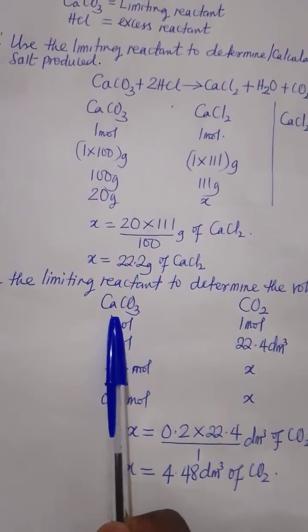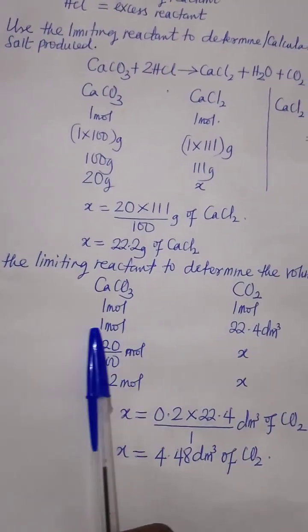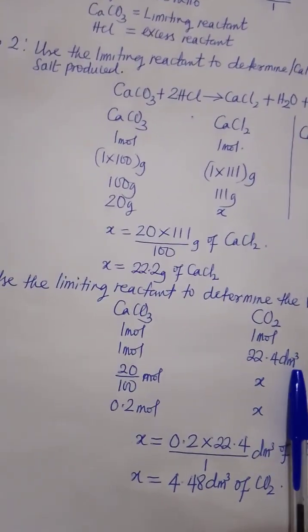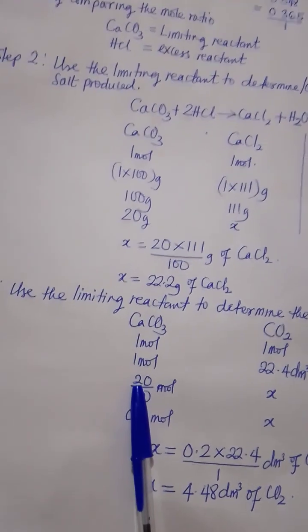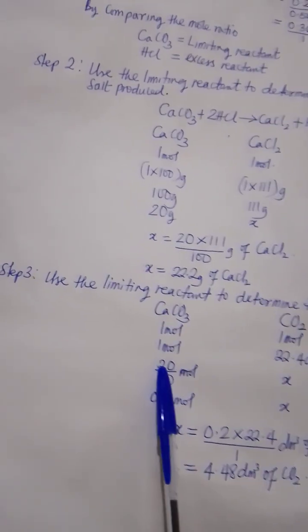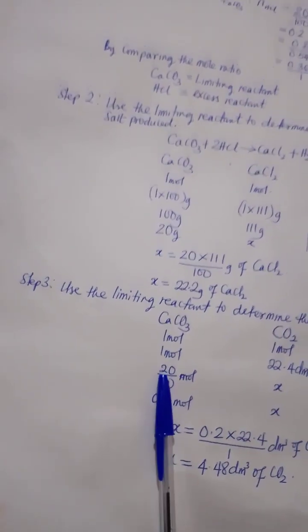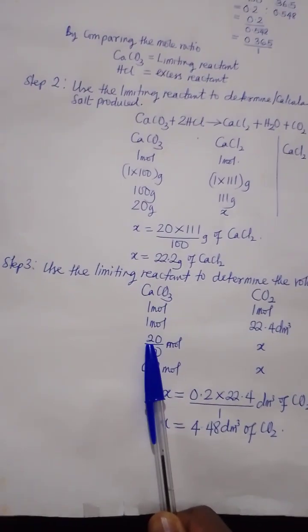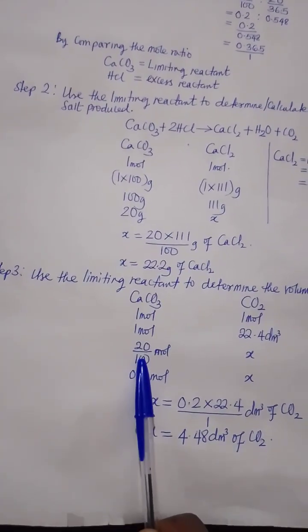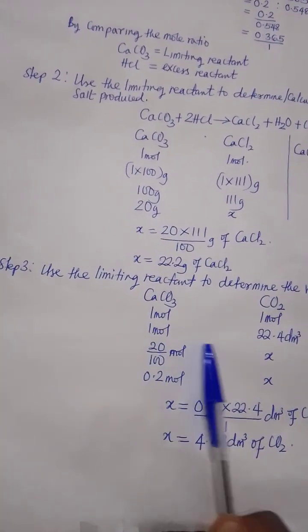So this 1 mole is equivalent to 22.4 dm³. And then don't forget, we're not given mole for CaCO3, we're given mass, which is 20 gram. So we need to convert that to mole. How do we do that? You just divide by the molar mass. We did that before. And then we equate that to X.